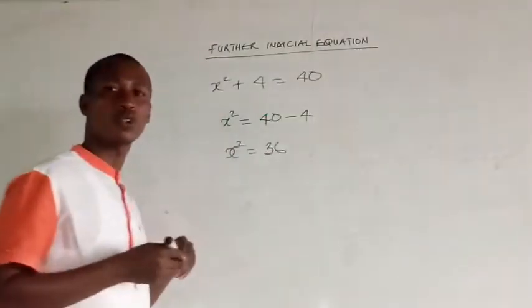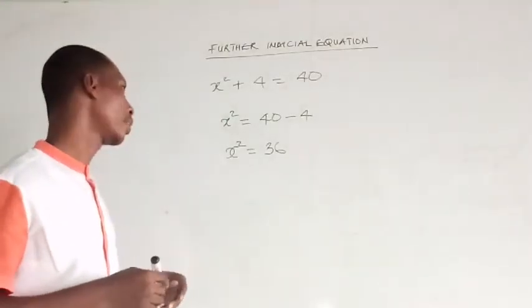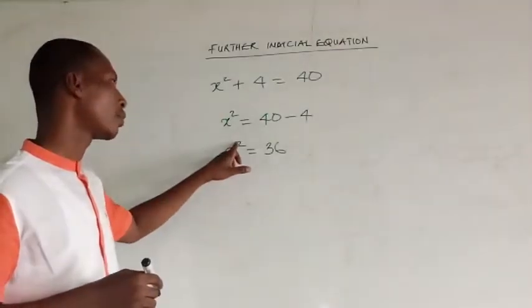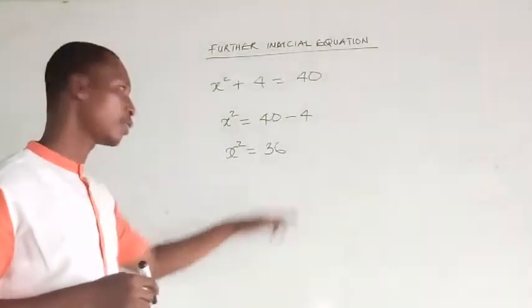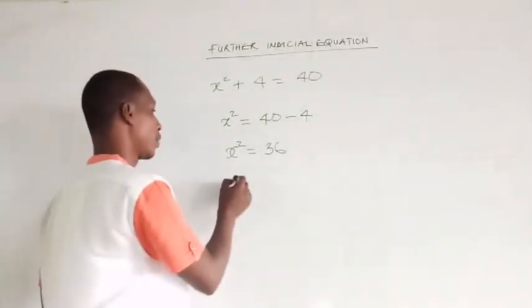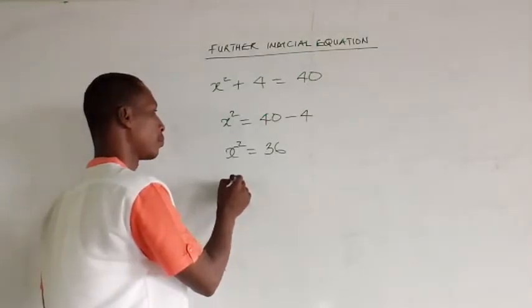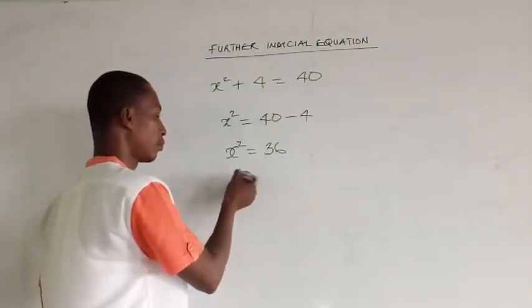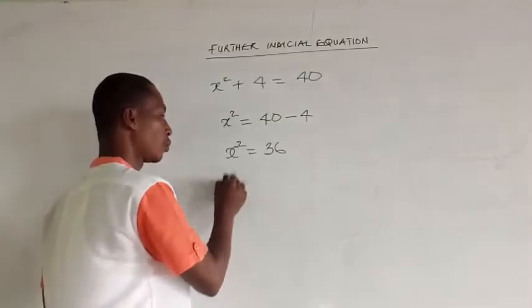X squared is equal to 36. Okay, so you let the power cross the equal sign. This one becomes the root. So we just have to get the root of both sides.